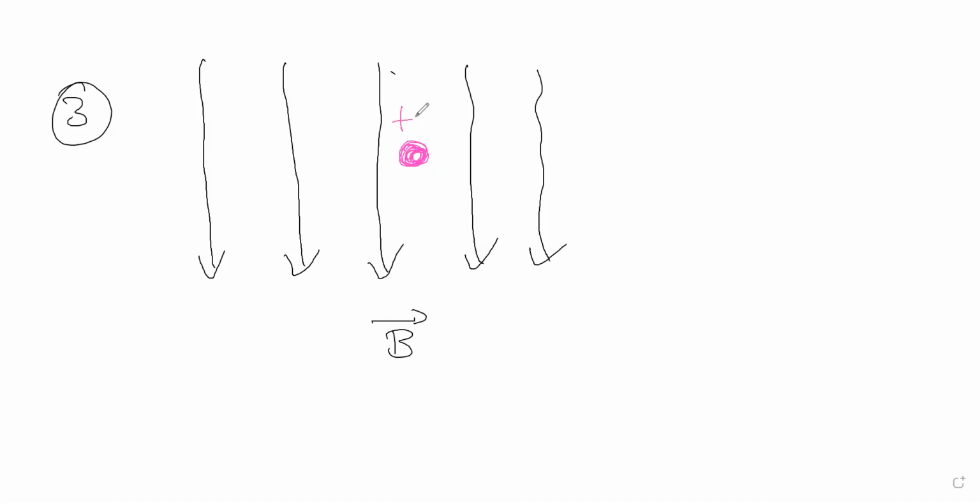Plus Q is like this, and the movement of plus Q is this way. Someone try this and tell me what would be the direction of the magnetic force. I'll be waiting. No problem. Take your time.